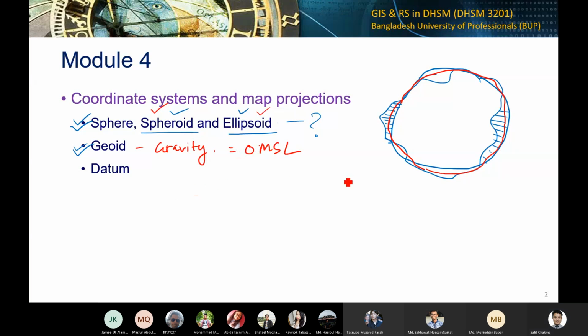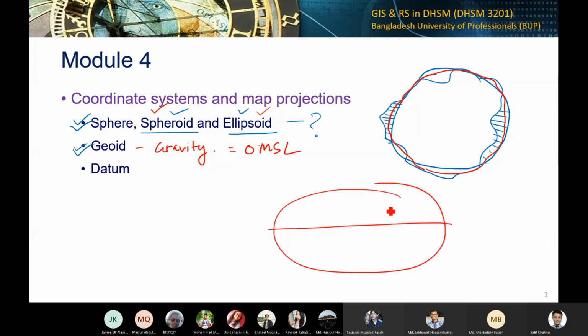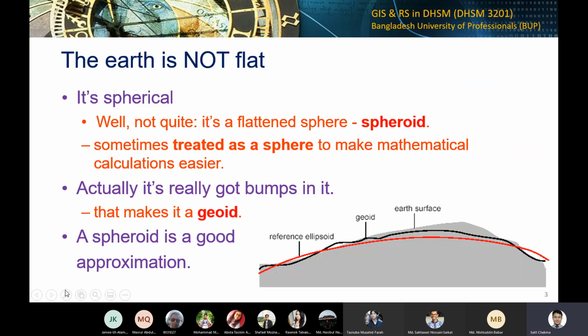However, this is how Earth looks, but to make mathematical calculations, we still need the smooth spheroid or ellipsoid so that we can find out the radius of Earth and so on. The radius of Earth means the major axis and the minor axis, and so on, if the Earth is ellipsoidal. To find that out, we use datum. Today we're going to discuss all this.